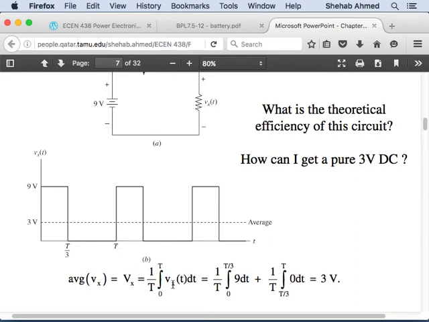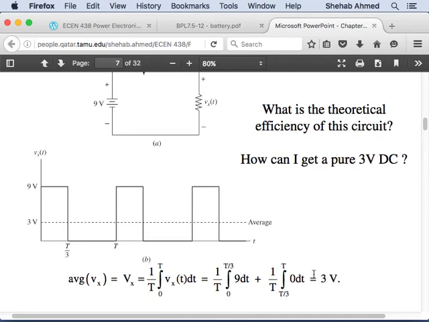So I did this integration, and I plugged in 9 for the value of the voltage. From 0 to T over 3, I have 9 volts, and from T over 3 to T it is 0, so I don't need to integrate that. If I do the integration, I will get 3 volts, right?